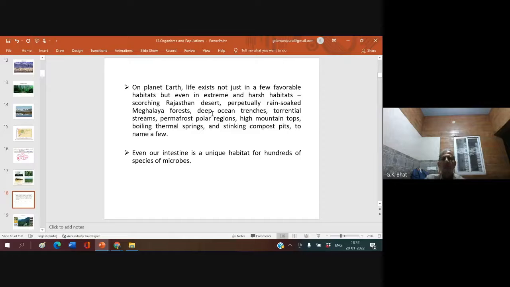You come across life in the deep ocean trenches, in torrential streams, in permafrost in the polar regions, on high mountain tops, in boiling thermal springs, and in stinking compost pits, to name a few. If you dig a pit with compost manure, you'll get different types of worms there. Even our intestine is a unique habitat for hundreds of species of microbes.